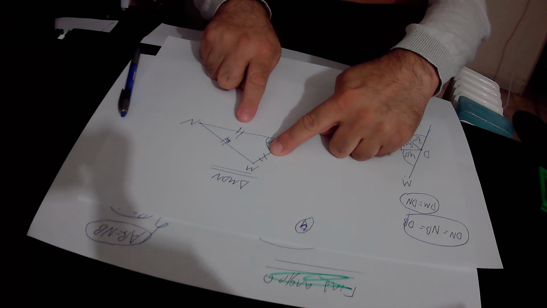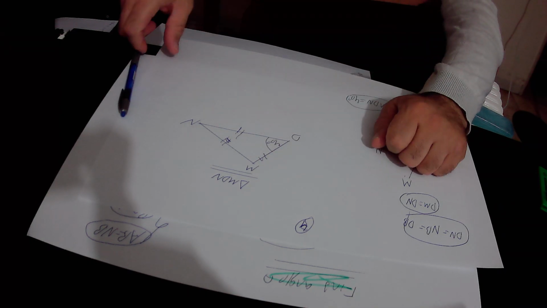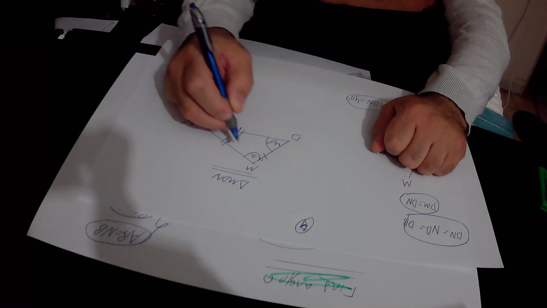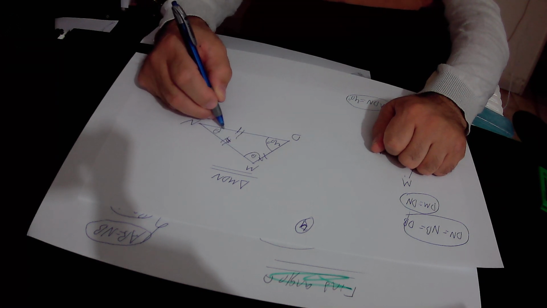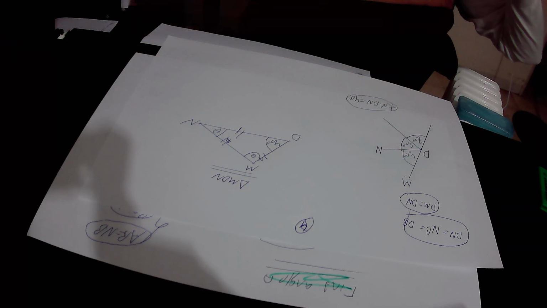In front of those two equal sides, we have two angles that must be equal to each other. So if this angle is theta, then the other angle must also be theta, and the sum of the angles in triangle MDN must be equal to 180 degrees.